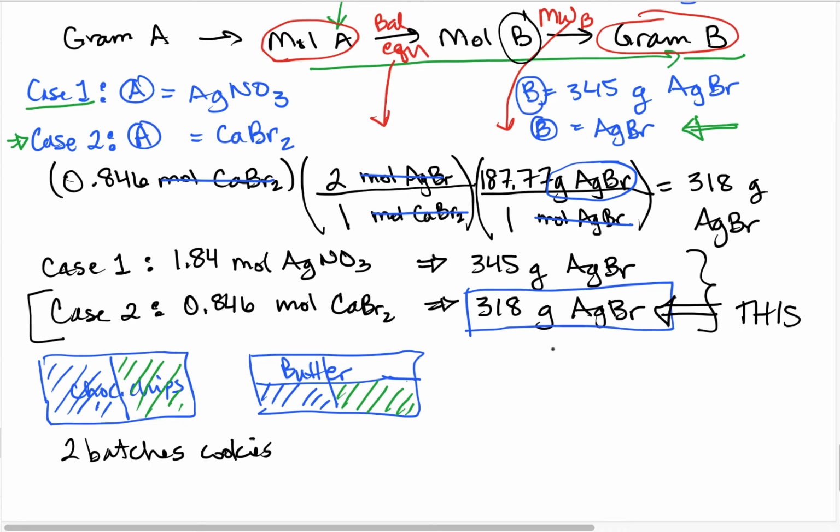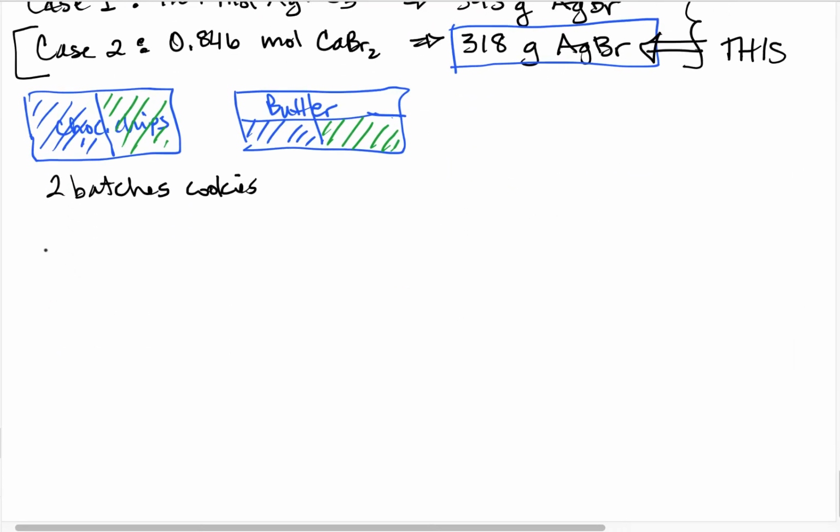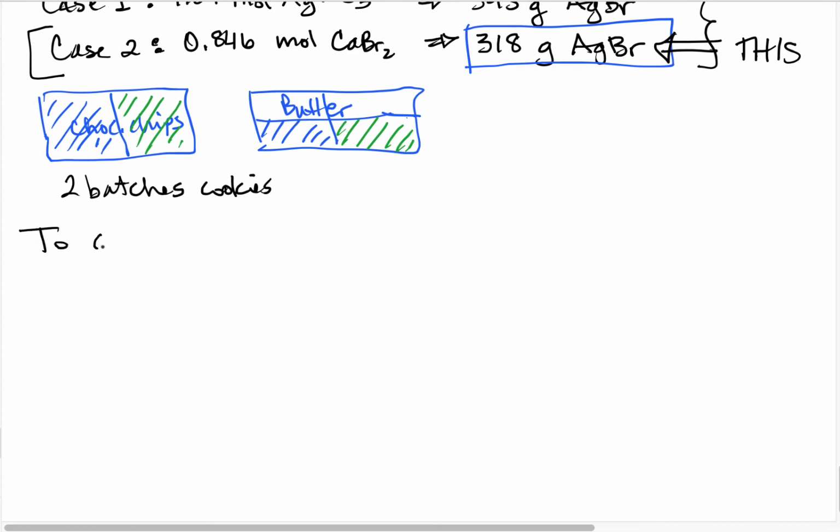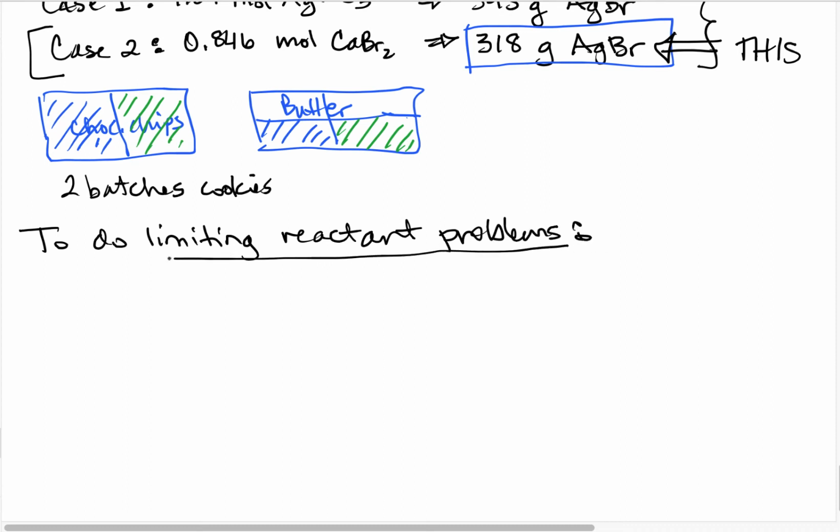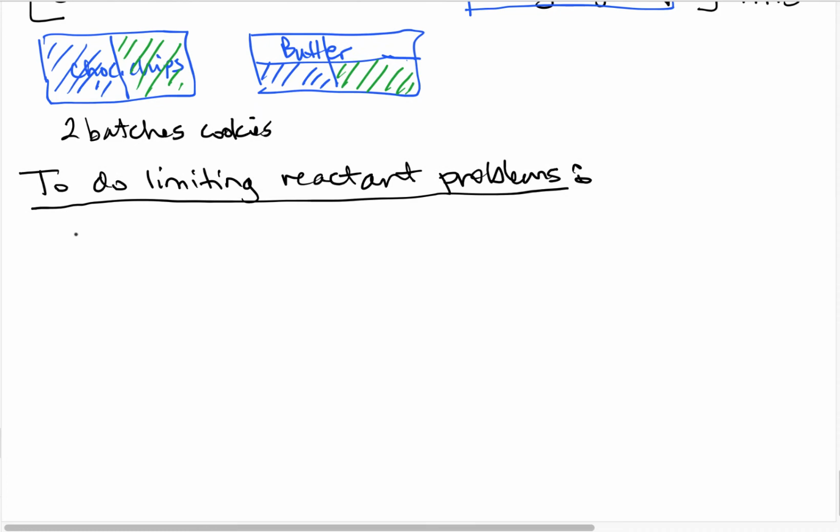We can't make this reaction go anymore. So when we do a limiting reactant problem, we're going to set this up exactly the same way we always want to have, okay? We need a balanced equation.